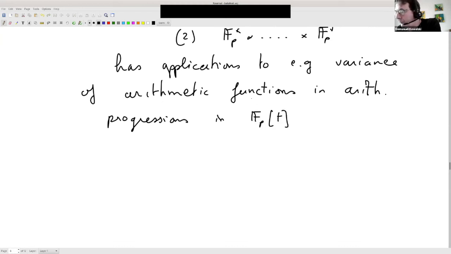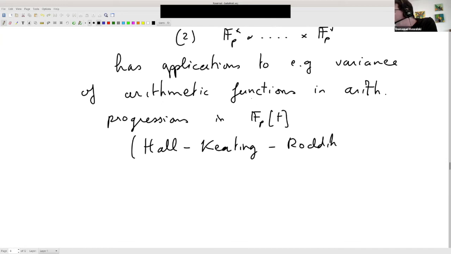And here there's a paper in particular by Hall, Keating and Roditty-Gershon, where they use the formalism of Katz by specializing to one-parameter subfamilies and doing some work.